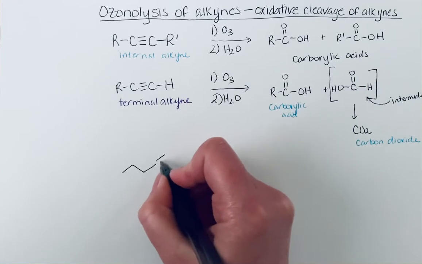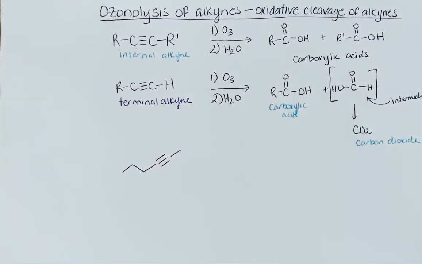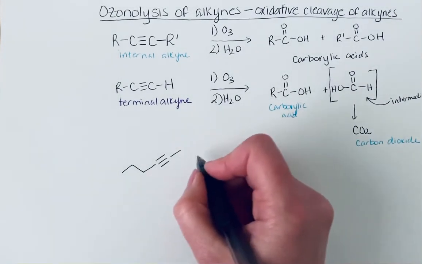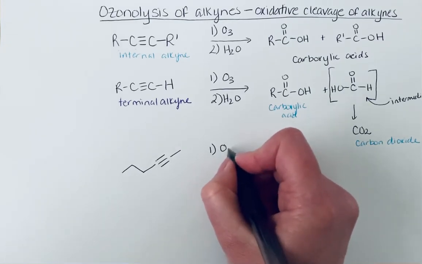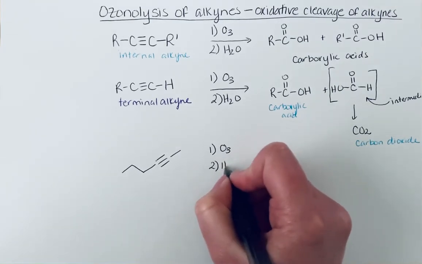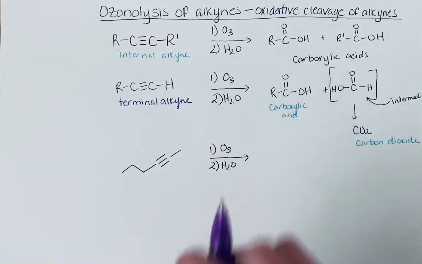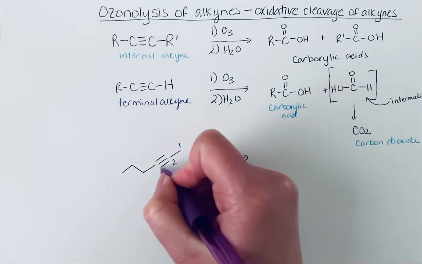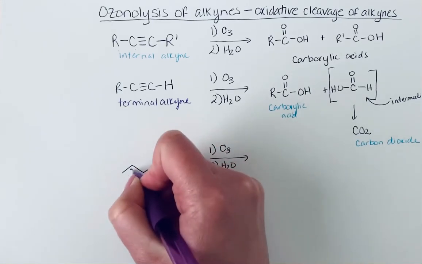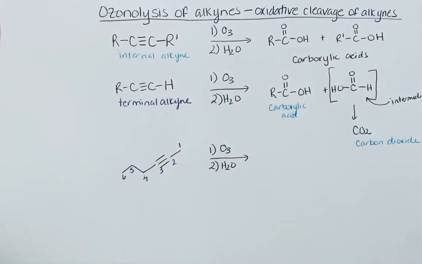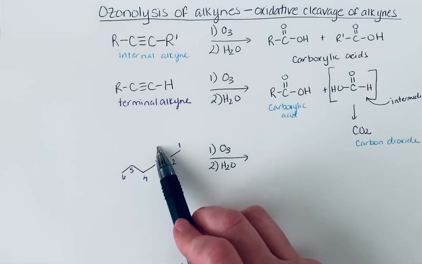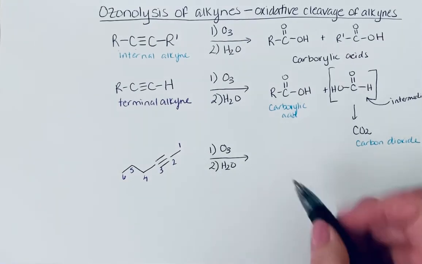So we draw an alkyne. This is an internal alkyne. We have treating this with O3 followed by water. And I am going to number the alkyne chain so we can keep track of these carbon atoms. So what we will see in this reaction is that we will oxidize and cleave this bond.